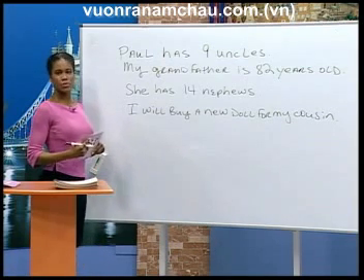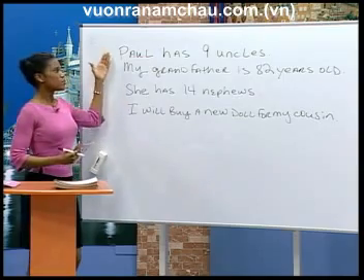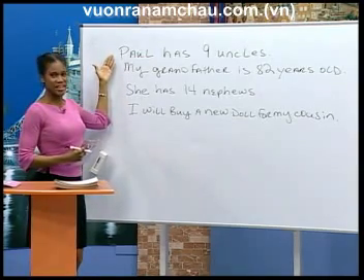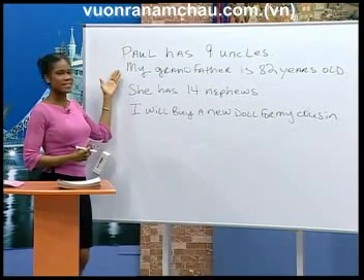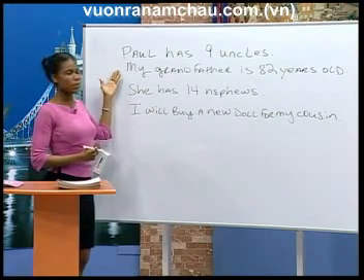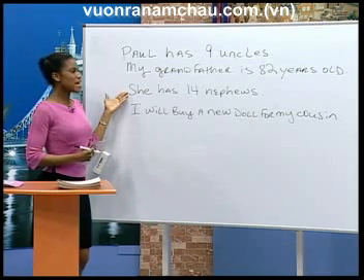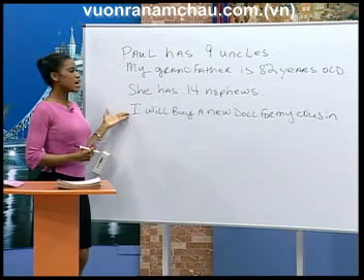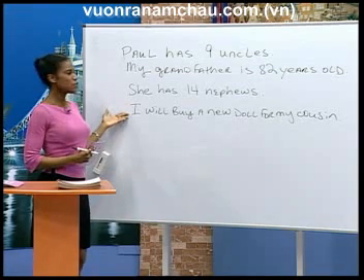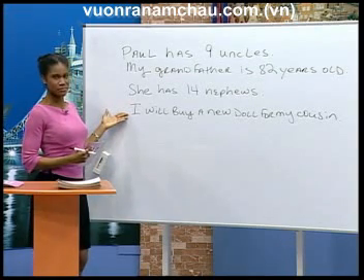All right, now let's review the examples. Paul has 9 uncles. My grandfather is 82 years old. She has 14 nephews. And I will buy a new doll for my cousin.